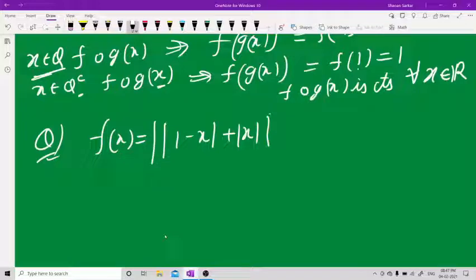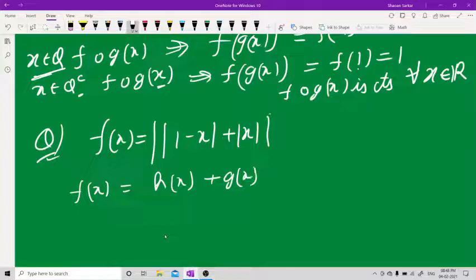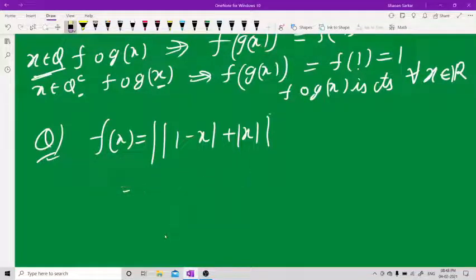Now let's write it as two different functions, f(x) is equal to h(x) plus g(x). It will be easier if I take it in this manner.